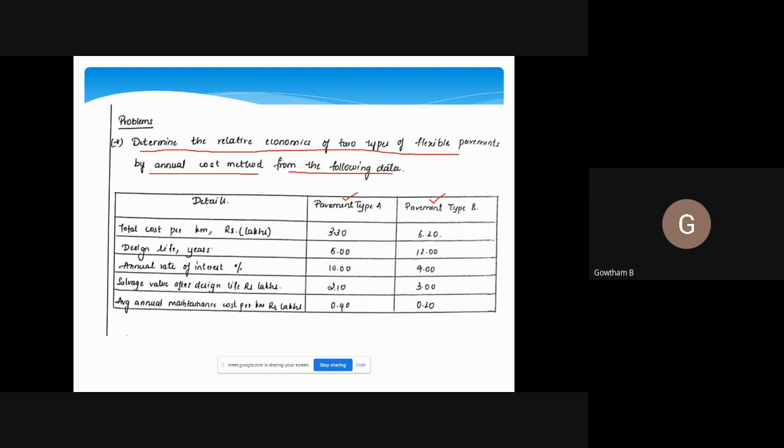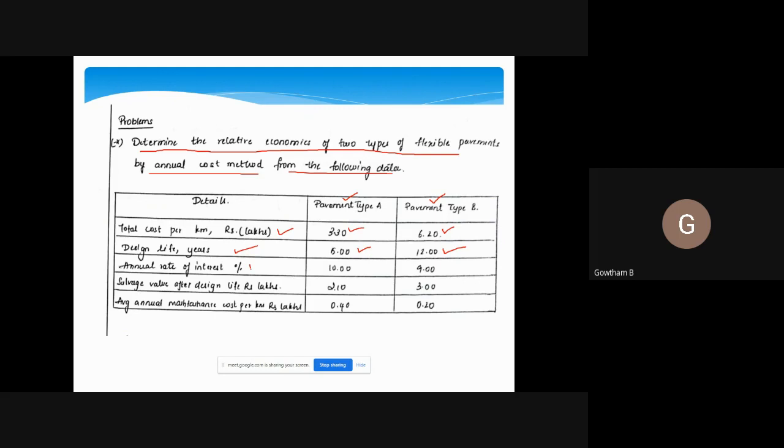The total cost you have to invest in order to construct pavement type A is 3.3 lakh. Similarly, to construct pavement type B, you have to invest about 6.2 lakhs. The design life of pavement A is 5 years and the design life of pavement type B is 12 years.